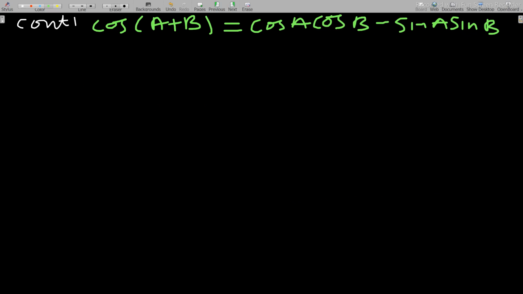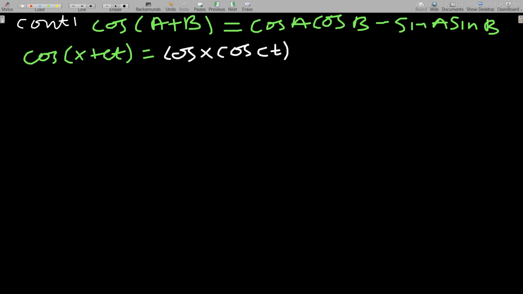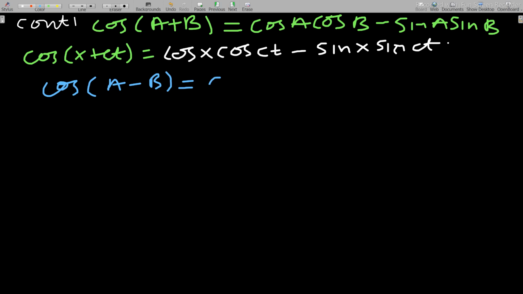This simply means that cos(x+ct), with a being x and b being ct, gives cos x cos ct minus sine x sine ct. And also cos(a-b) gives cos a cos b plus sine a sine b.